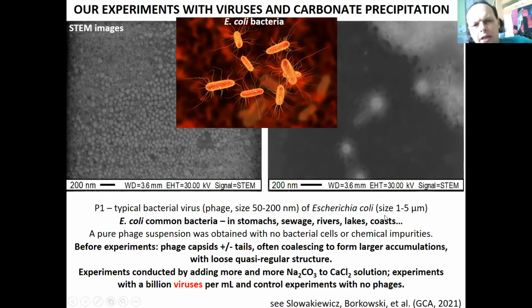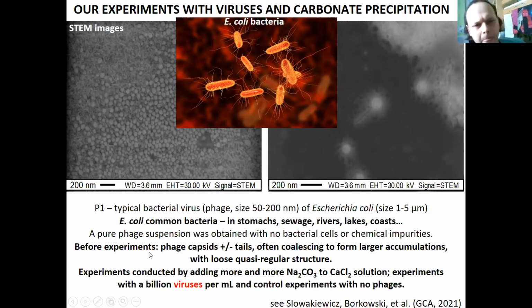So the size of E. coli is around 1 to 5 micrometers, whereas you see this broth, which was prepared by us, the broth of bacteriophages, P1 phages, they are about 50 to 200 nanometers. So you can see how tiny they are. And here's a close-up view. This is a STEM image where we can see this P1 bacteriophage built of an icosahedral capsid and also a tail.